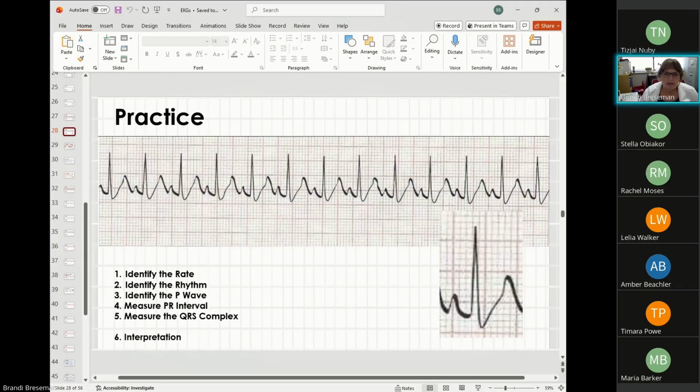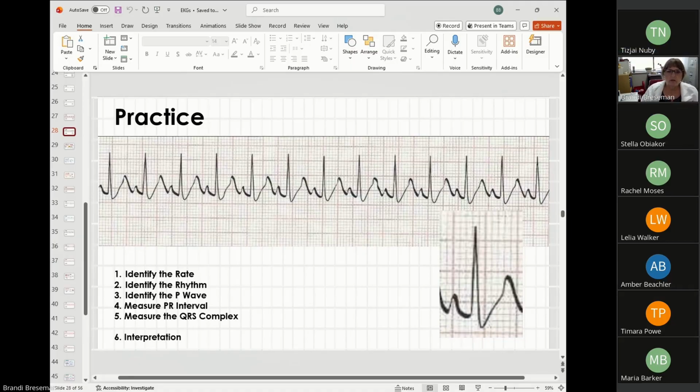We have P waves. They're upright. There's a P wave in front of every QRS. Our PR interval, I roughly got 0.12. Was anybody not close to that? You don't have to get it exactly, but close, because like I said, we're doing this rough.